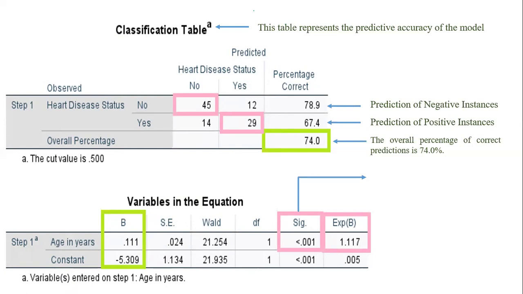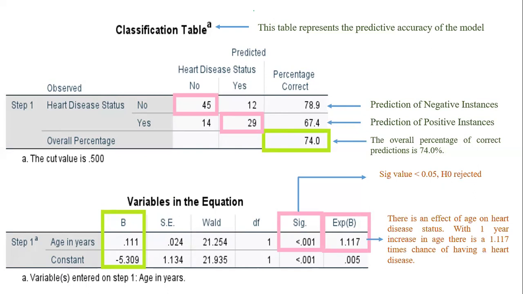So next thing that you need to see here, you need to see the sig value of your independent variable. Independent variable here is age, and the sig value is less than 0.05. So this value is less than 0.05, so we reject H naught, and there is an effect of age on heart disease status. With 1 year increase in age, there is 1.117 times, the exponent B is basically the times.